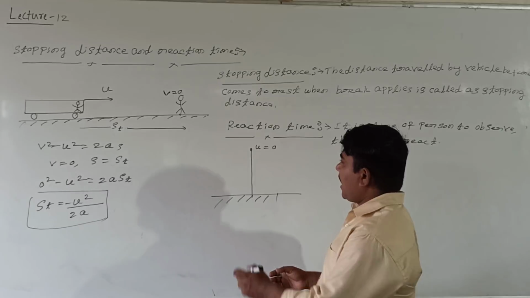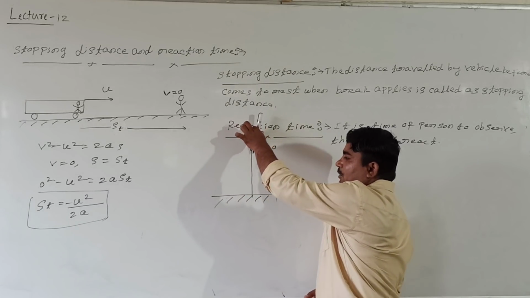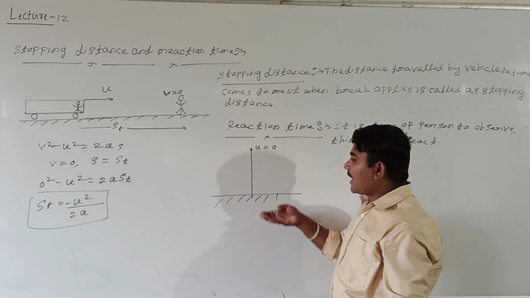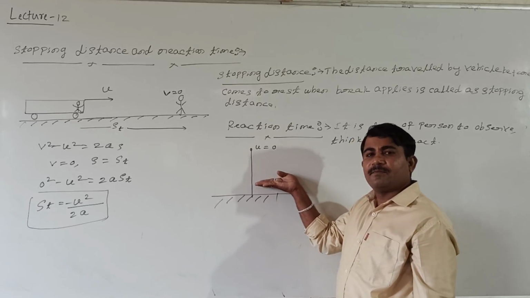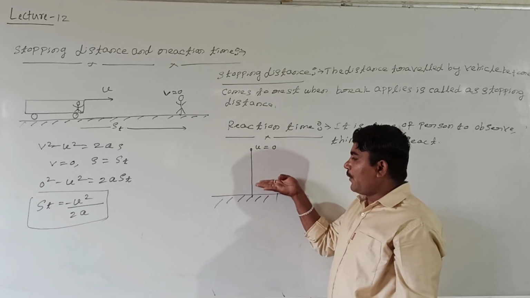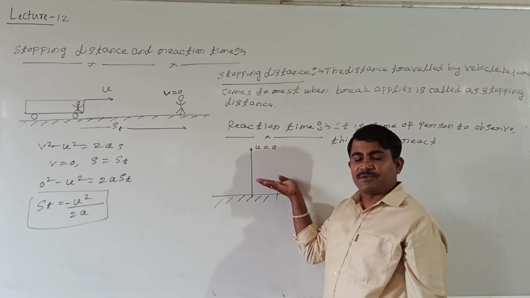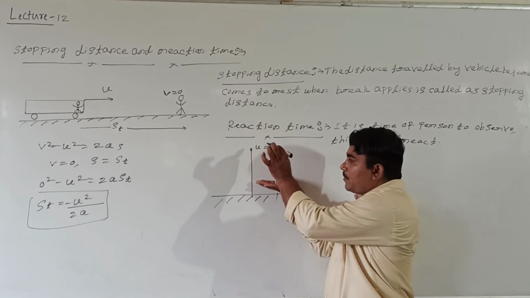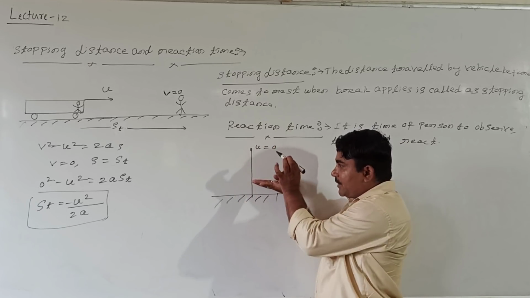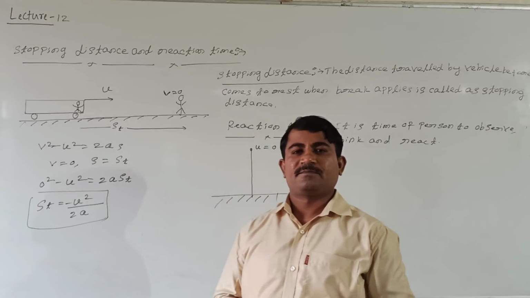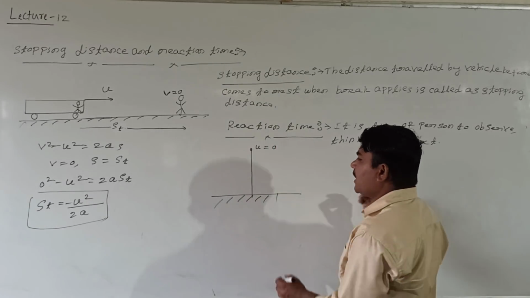Then if anybody falls from the top of the building or the top of the tree, I can hold it. When you hold it, you can calculate your time of reaction. Time of reaction means to observe the body and to catch it; in between them some time is there. Let us take any one person.